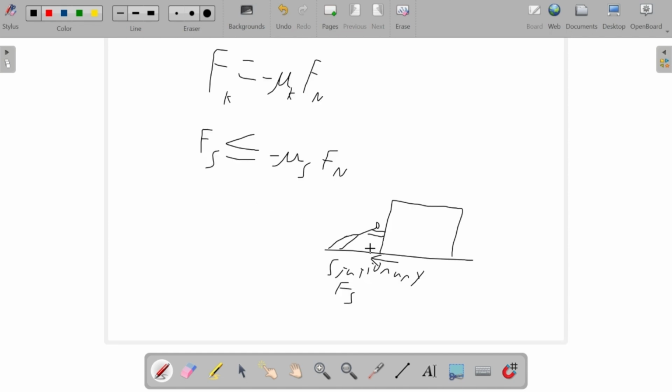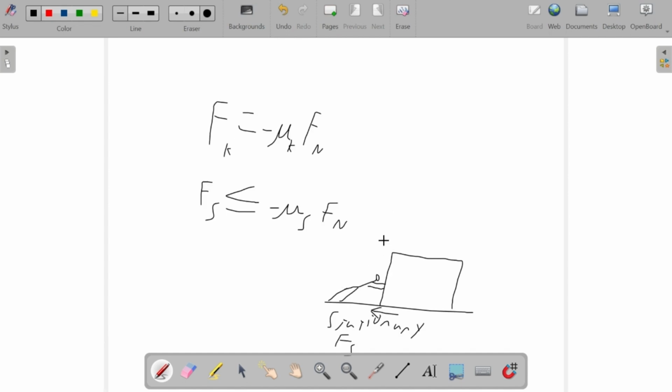Let's go back to this example. Let's say you are pushing against this box with 100 newtons of force. The coefficient of friction, let's say, is 0.6, and the Fn, the normal force, is 200.